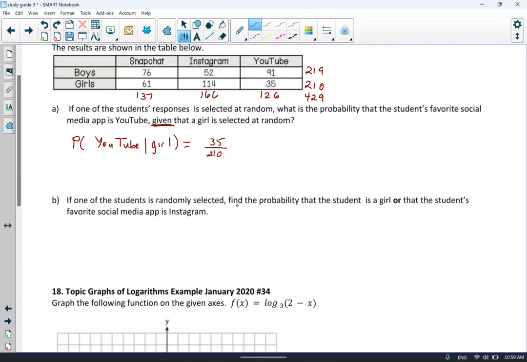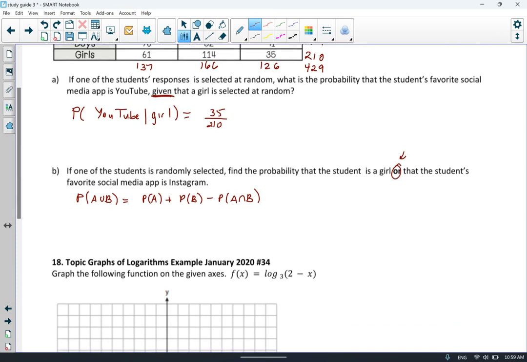If one of the students is randomly selected, find the probability that this student is a girl or that social media app is Instagram. So keyword is or. You actually have to use the general addition formula, which unfortunately they don't give you on the Algebra 2 regions. And you've heard me complain before because they do give it on the AP Stat exam. So they should be giving it in the regions, but that's just me.